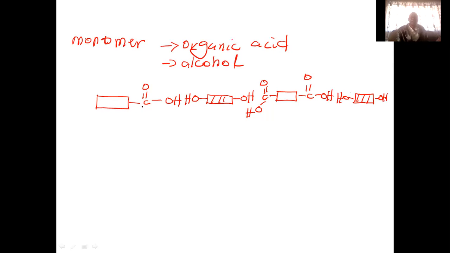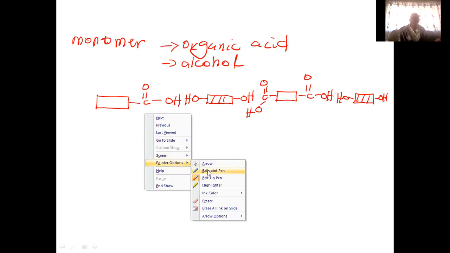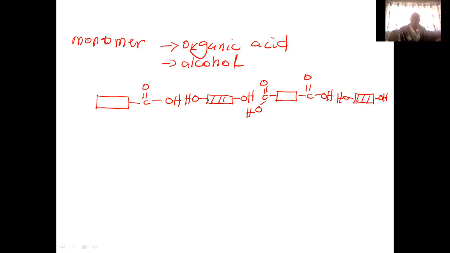and so this process of making terylene also uses condensation polymerization, where you remove water. You remove the hydroxyl group from the acid, and you remove the hydrogen from the alcohol. So in other words, you are going to remove this one here, and this is water.